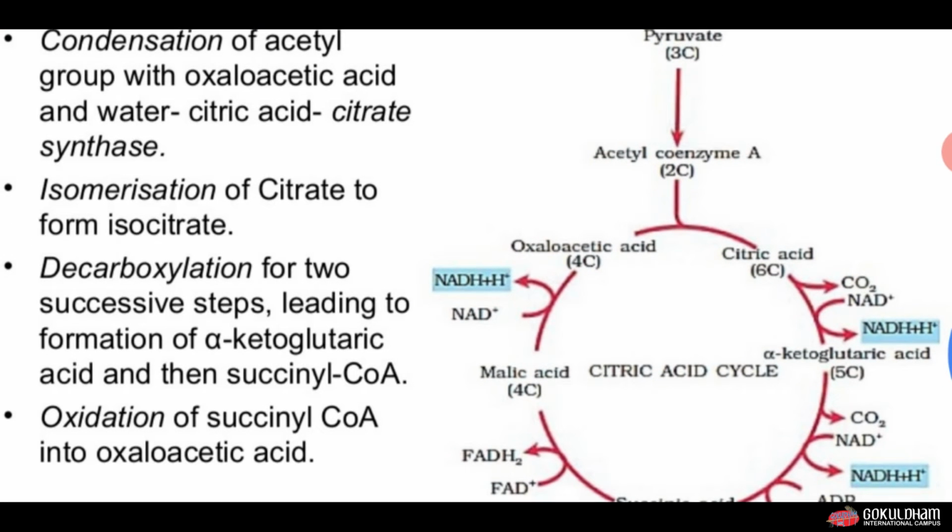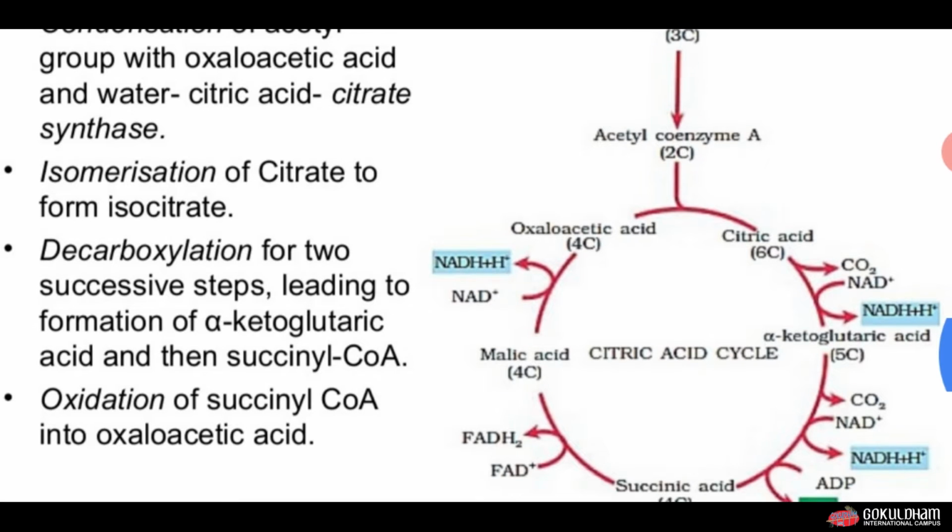The oxidation of succinyl coenzyme A produces oxaloacetic acid, and then this oxaloacetic acid again reacts with new acetyl coenzyme A and produces citric acid, and this is how the cycle, known as the tricarboxylic acid cycle, is completed.